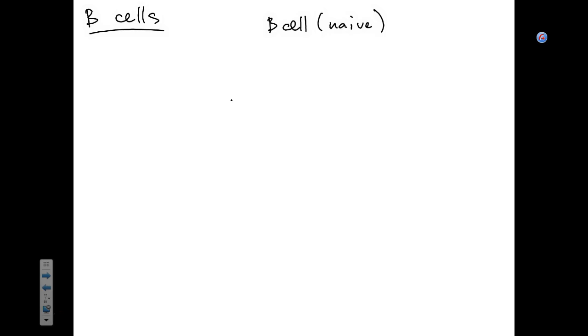Which antigens they shouldn't recognize? Yeah, your own body antigens. Self-antigens. Does that make sense? Because if they do, what's going to happen? How do we call this? Autoimmune disease.